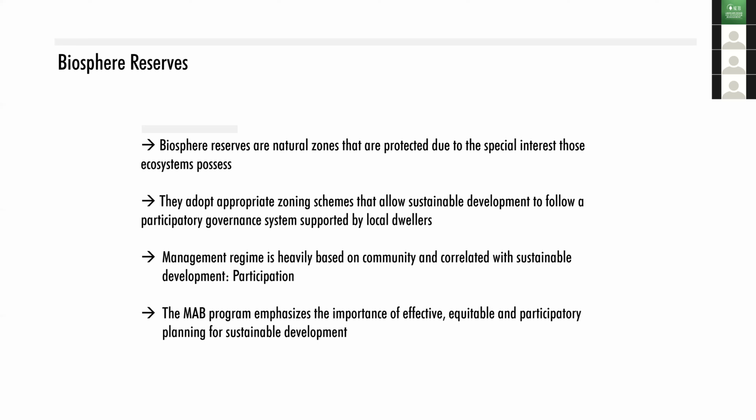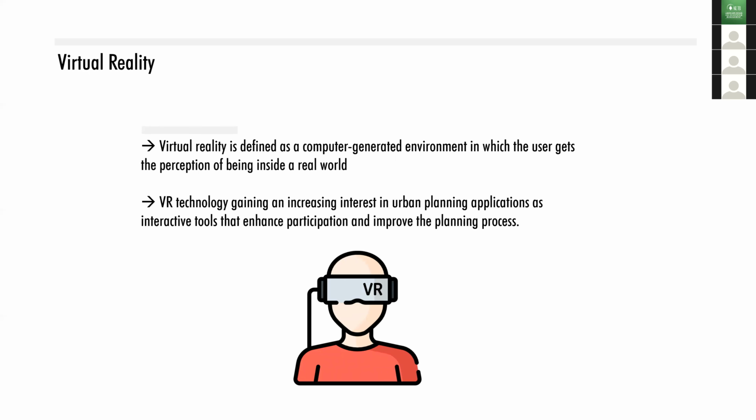With that said, Biosphere Reserves are heavily based on community, so we can see the correlation between the concept of Biosphere Reserve and participation. There's also the MAB, or Man and Biosphere program, which emphasizes the importance of effective, equitable, and participatory planning for sustainable development. This is why we're choosing a Biosphere Reserve to perform a participatory planning project.